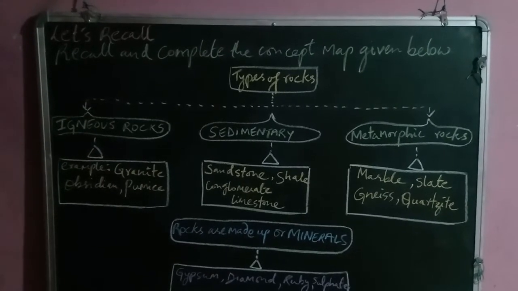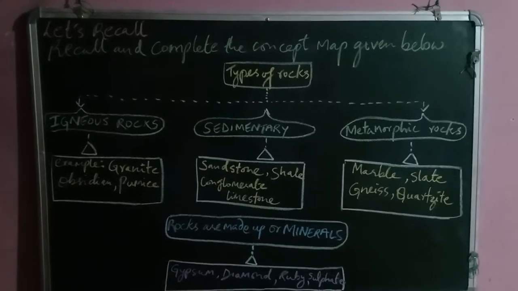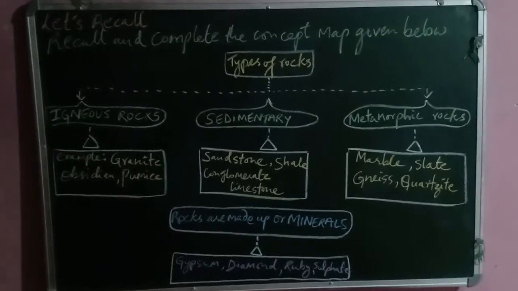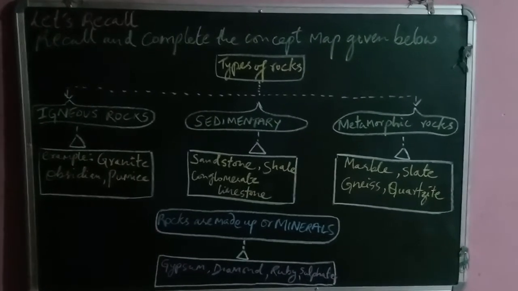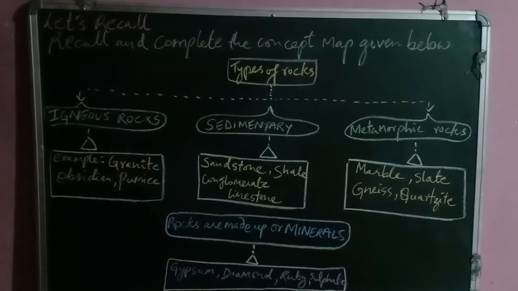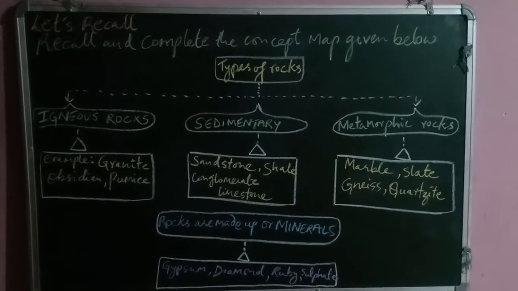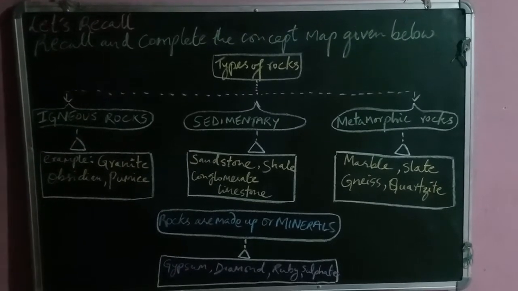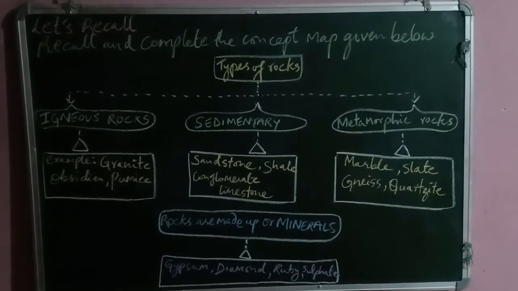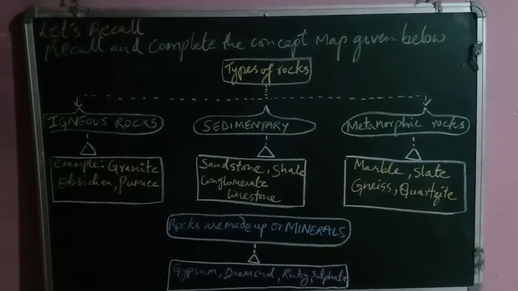So after that we have, let's recall and complete the concept map given below. So there are the types of rocks. Okay, three types of rock: igneous rock, sedimentary rock, and metamorphic rock. Some examples of igneous rock are granite, obsidian, and pumice. Then for sedimentary rock, we have examples like sandstone, shale, conglomerate, and limestone.